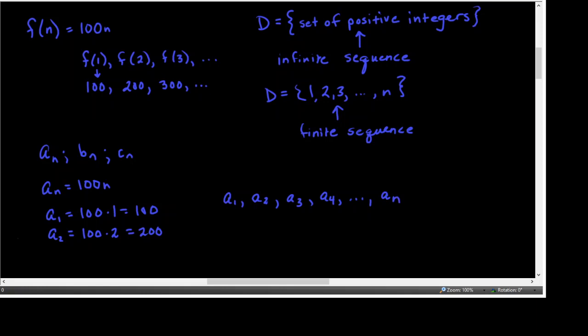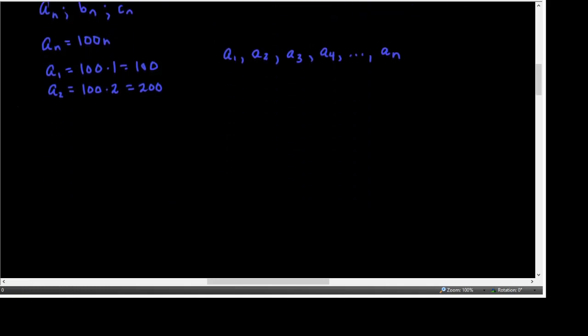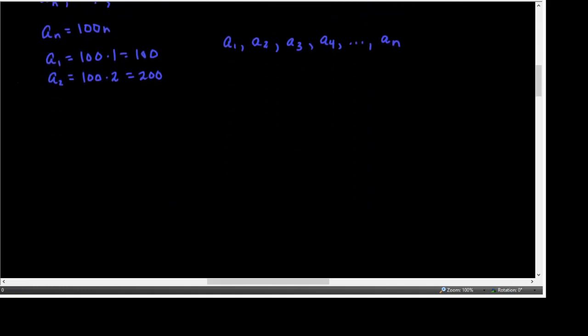Now those three dots mean keep on going in the same pattern. So that's a way to say keep on going, like this sequence up here, 100, 200, 300. Keep on going in that same pattern. Okay? Or this a sub 1, a sub 2, a sub 3, a sub 4, comma, dot, dot, dot means keep going until you get to a sub n, and then you stop. All right. So that's kind of the notation that sequences have and what we'll use.